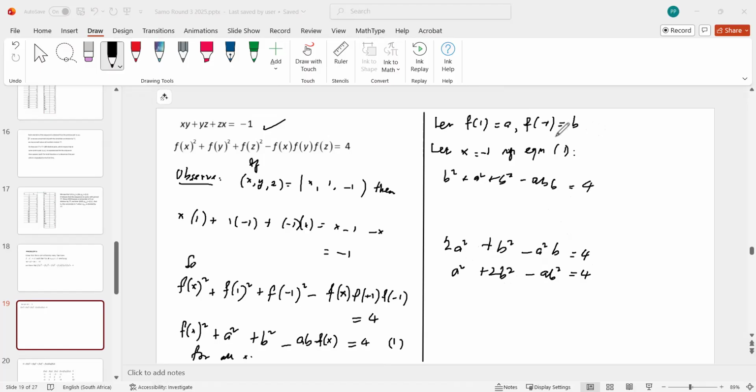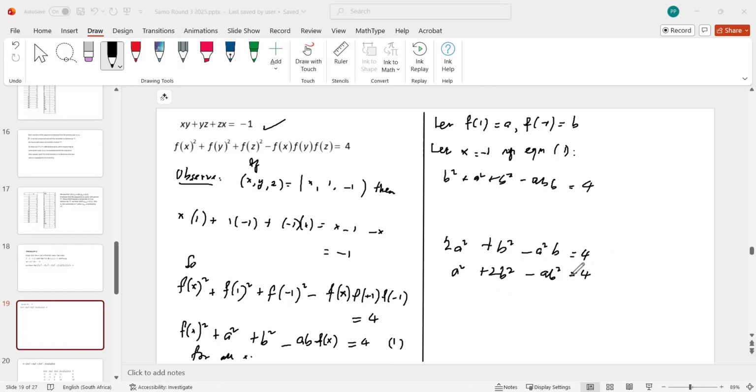But now we've got two equations involving a and b. In other words, we've used the conditions here to actually get two equations involving a and b, which means that we might be able to actually work out what f of 1 is and what f of negative 1 is. And that is what we are going to try to do now, using these two equations.